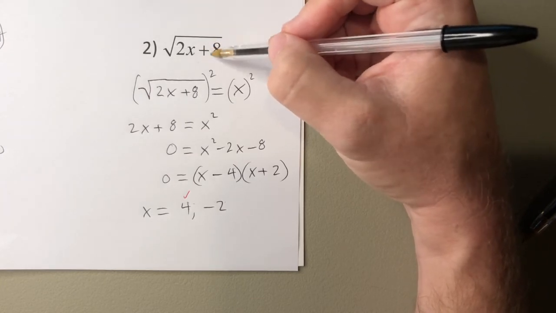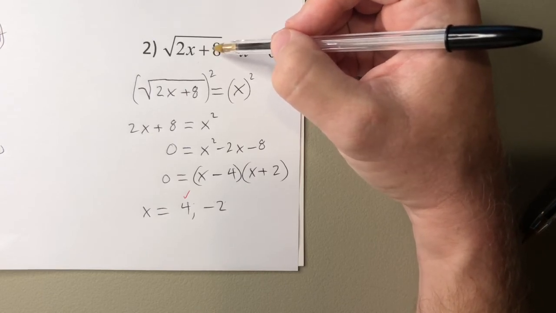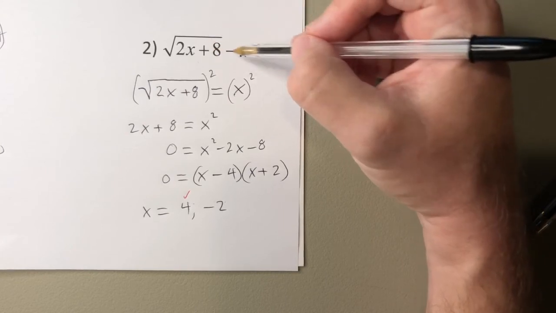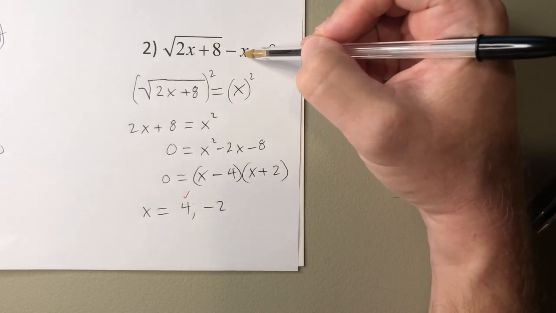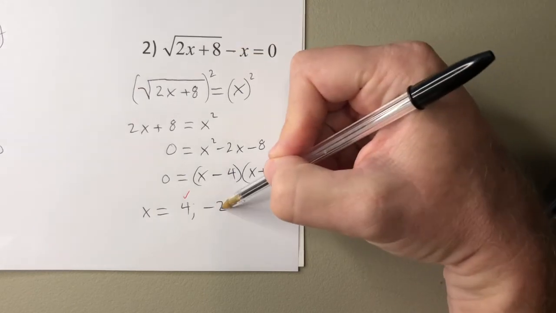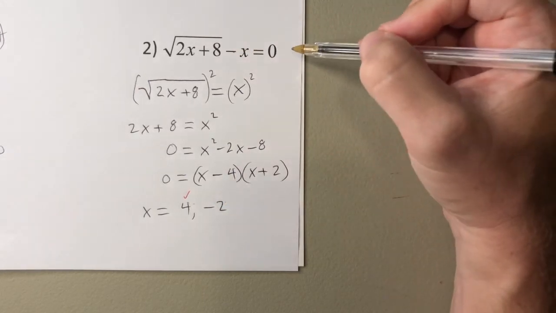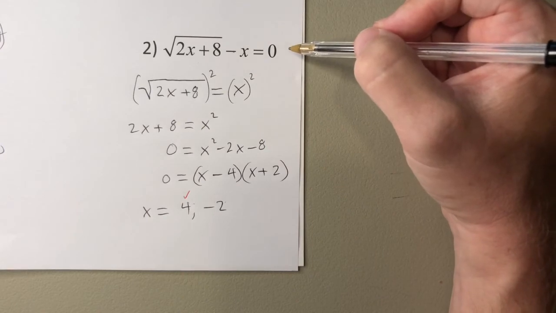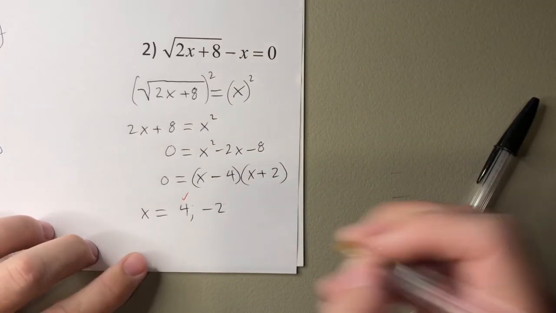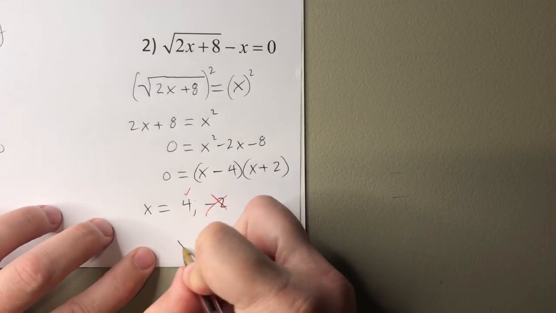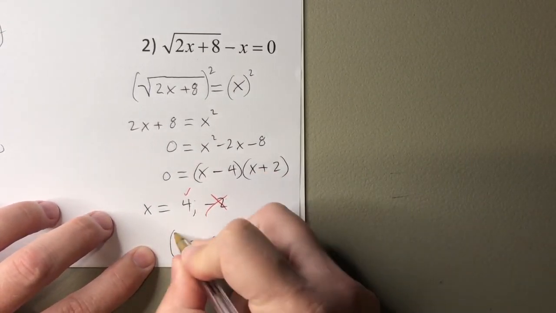What's the square root of 4? Square root of 4 is 2, right? So, okay, what's 2 minus a negative 2? That's 2 plus 2, that's 4. Does 4 equal 0? No, 4 does not equal 0. Therefore, this is extraneous. It's not really one of our solutions. So the only solution here is 4.